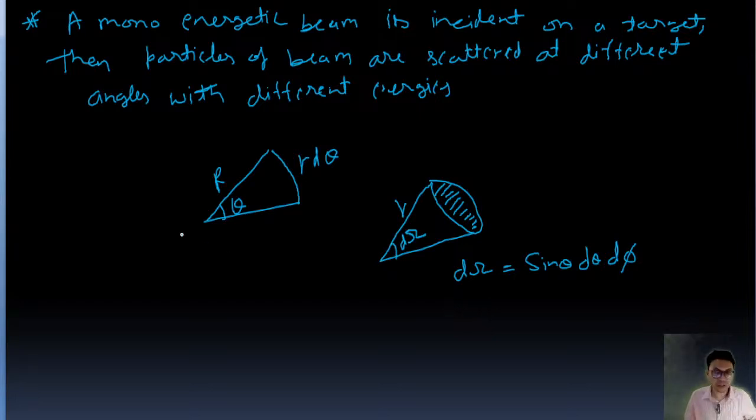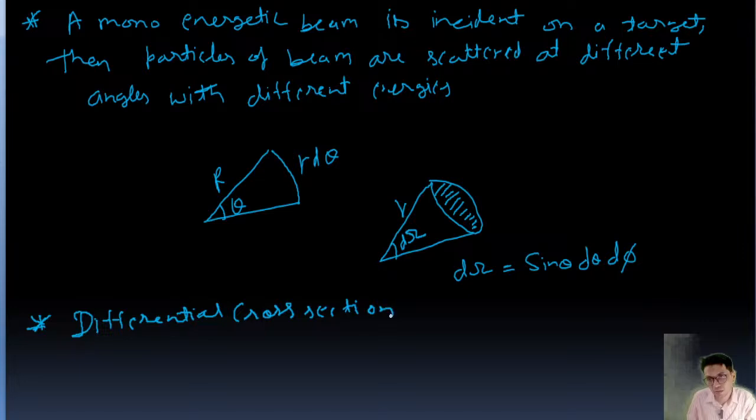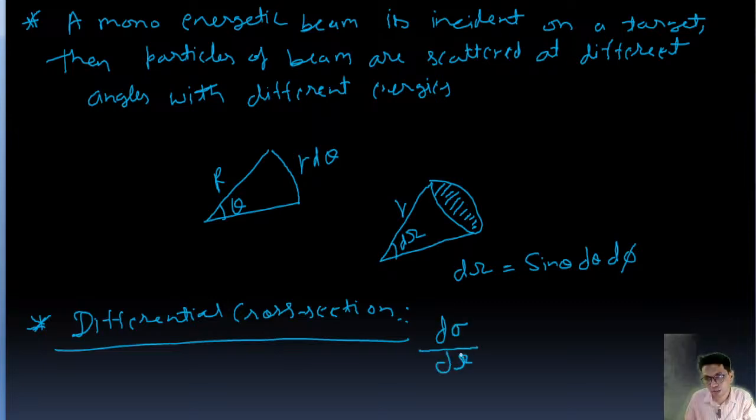Now the differential cross section, very important. The differential cross section is d sigma, my apology, d sigma upon d omega, and this is equal to outgoing flux upon incident flux.